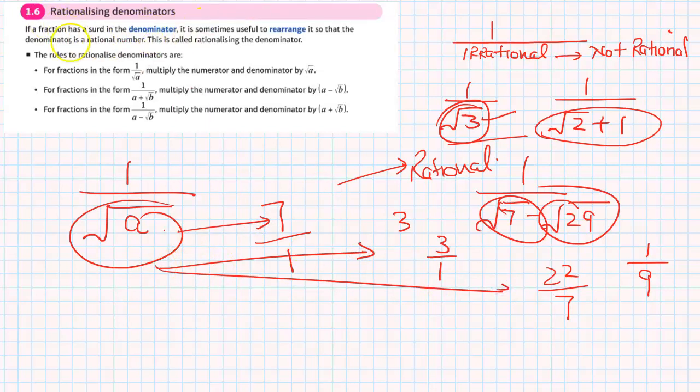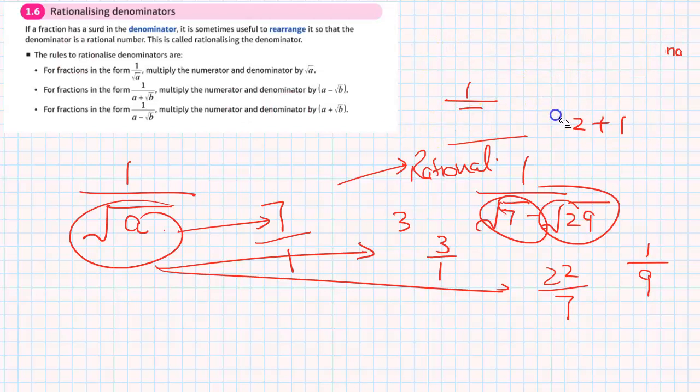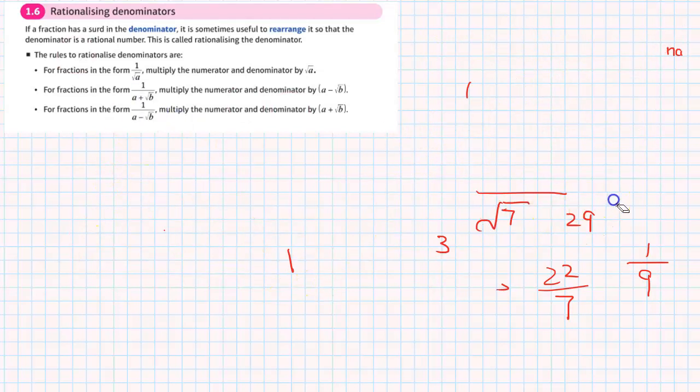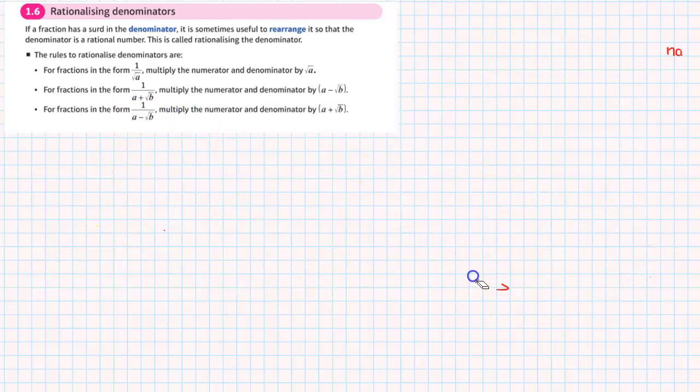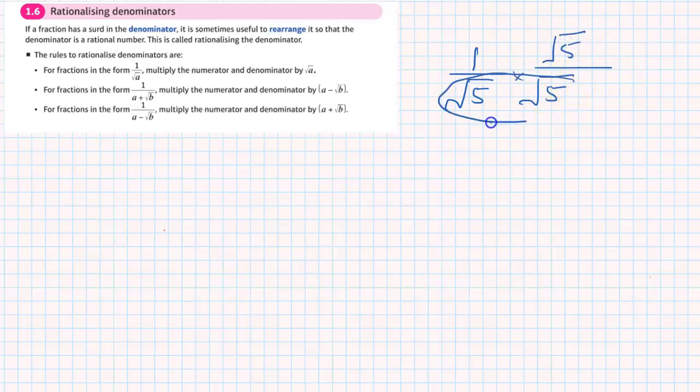rationalizing the denominator. The easy method for this is, as we have done earlier, if it is in the form of 1 over root a, we know very well. For example, if we are having 1 over root 5 in the denominator, to remove this, we divide it by root 5 and multiply by root 5, so that root 5 times root 5 will become 5.